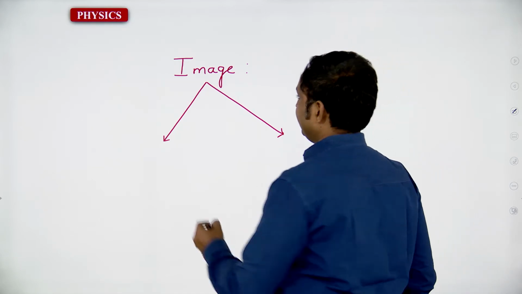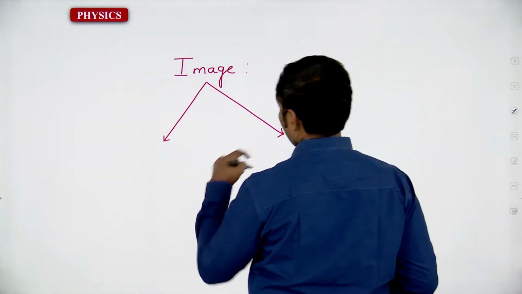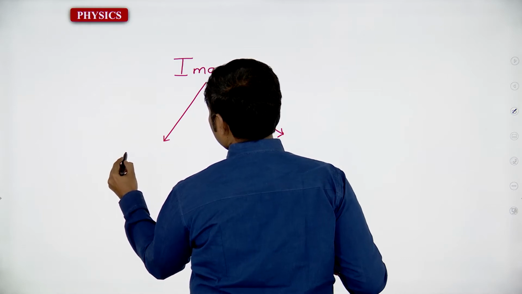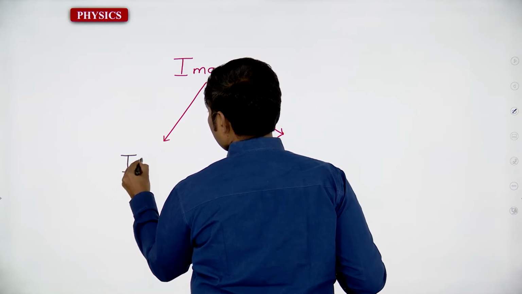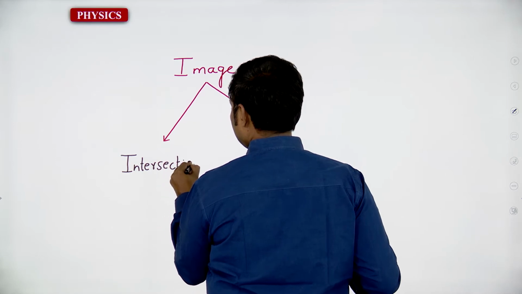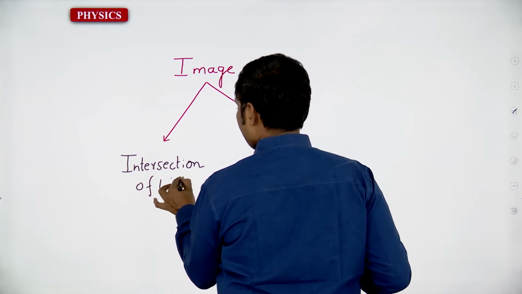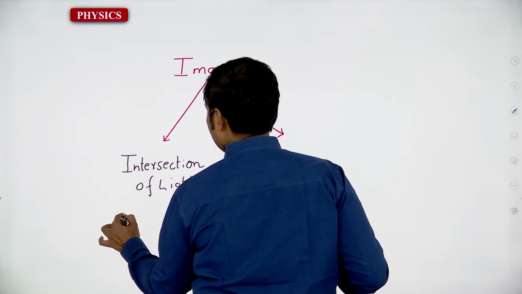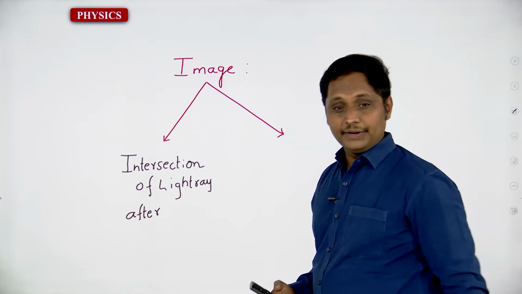This is the intersection of light rays after reflection.